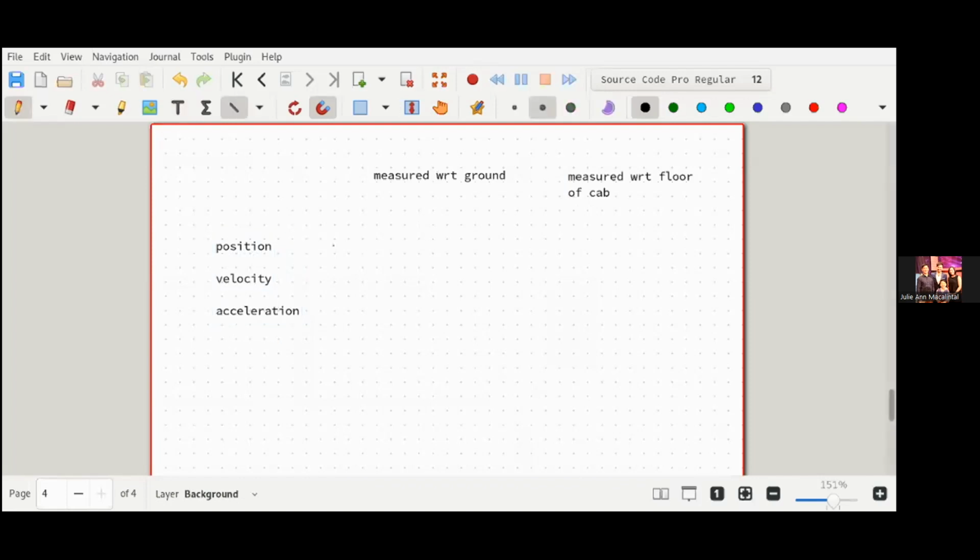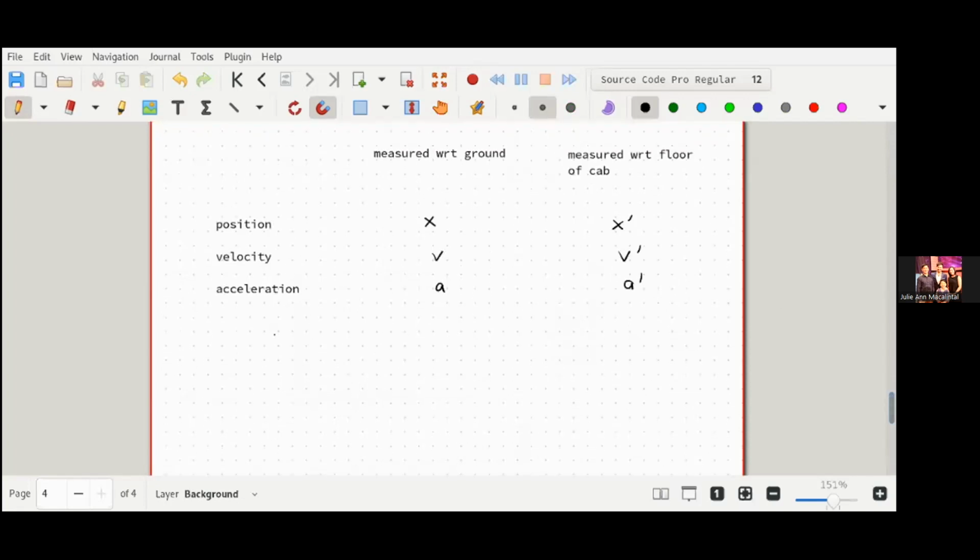So, measured with respect to the ground, that's x. Measured with respect to the cab floor, that's x prime. Then v prime, a prime. Then the transformation equations are like this.